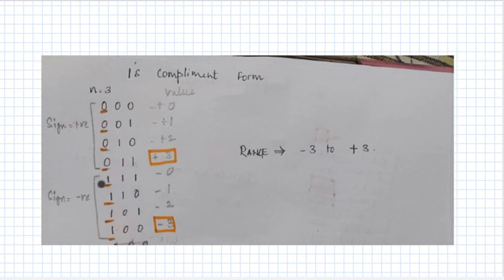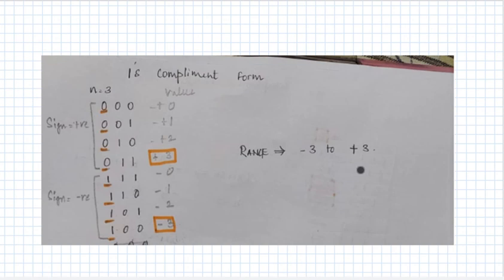Complementation is converting zeros to ones, so 001 becomes 110, 010 becomes 101, 011 becomes 100. Again here the most significant bit stands for the sign. So the first four numbers are positive, the next four numbers are negative. Here also the range is -3 to +3.